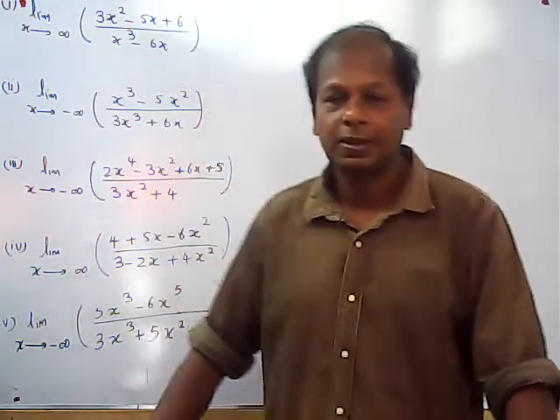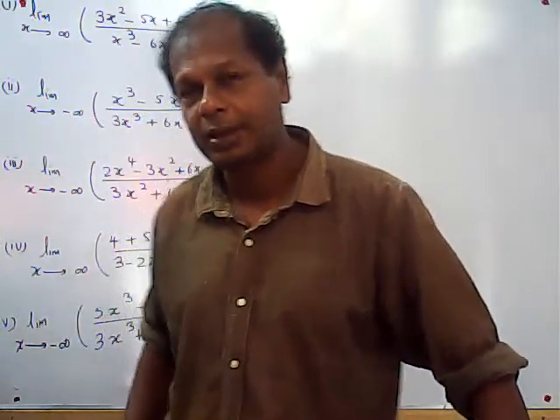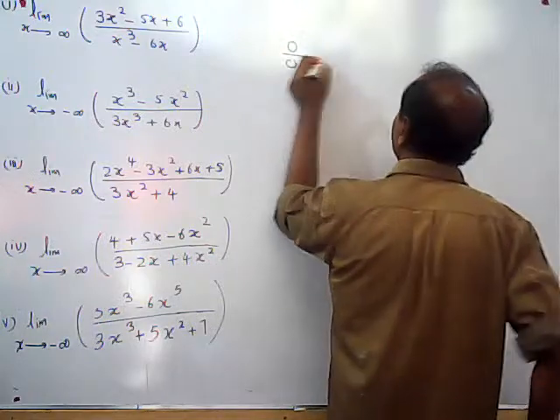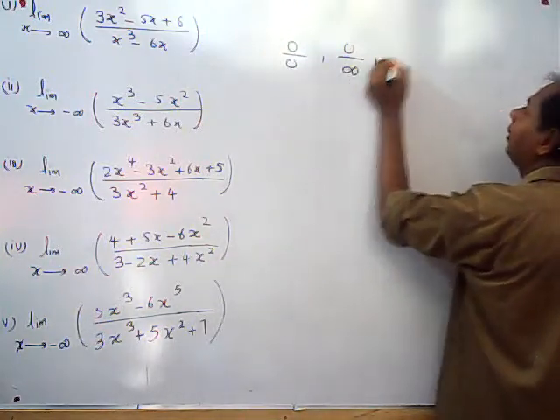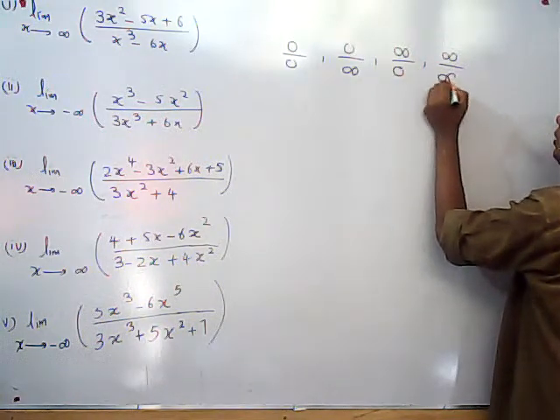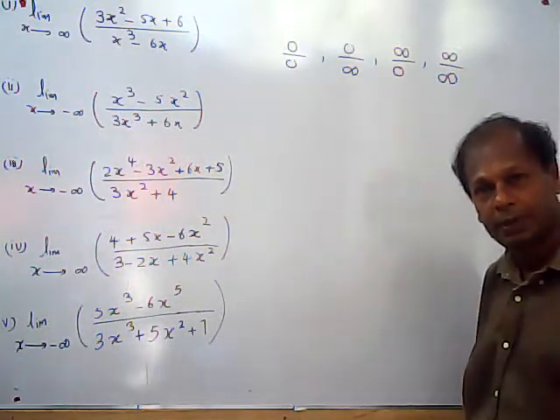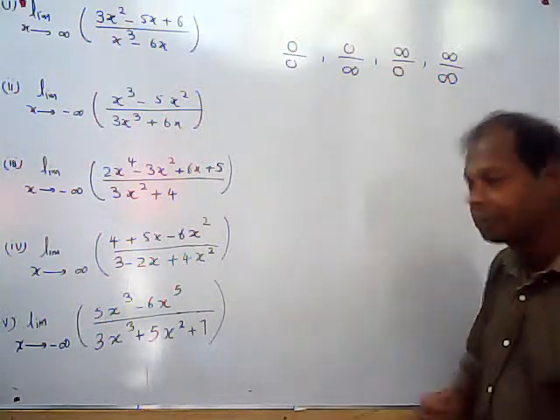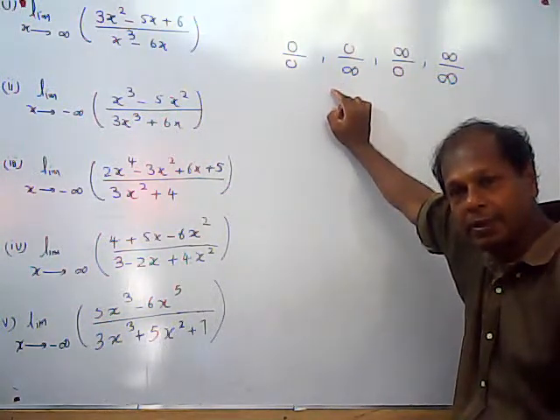Sometimes at first sight, it looks like you're going to get 0 over 0, 0 over infinity, infinity over 0, infinity over infinity. So you have to avoid these situations in finding limits, right?